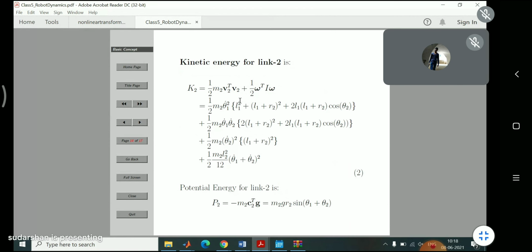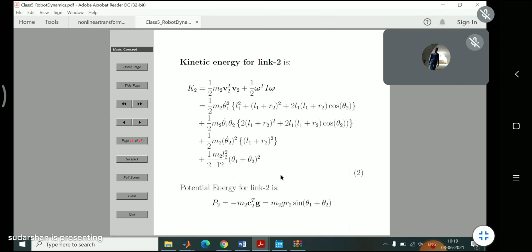So that will be M2 L2 square by 12 (theta 1 dot plus theta 2 dot) whole square. Okay, so this is the final answer for the K2.